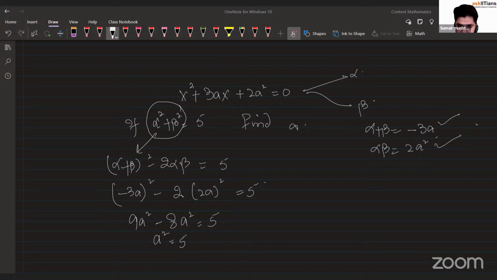Oh, wait. This is 2a square, the square is on a, so this will be 4a square. So this is 5a square equals 5, so a square is equal to 1. A is equal to plus or minus 1. This is your answer. Done.